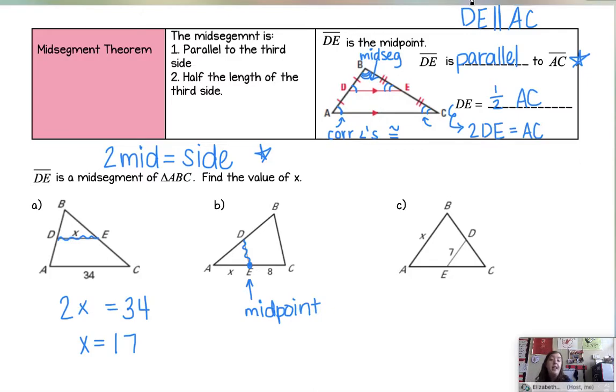And since we know that E is a midpoint, that means that both sides of it are the same. So what's X going to be equal to if both sides of E are the same?